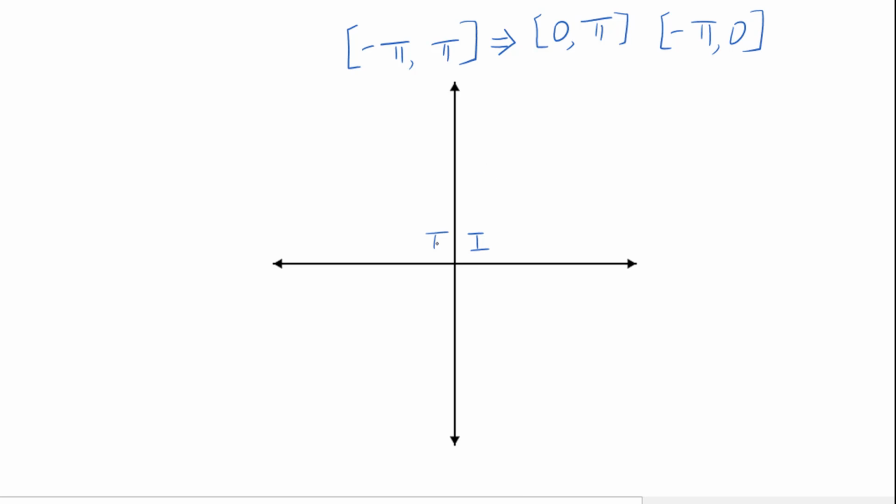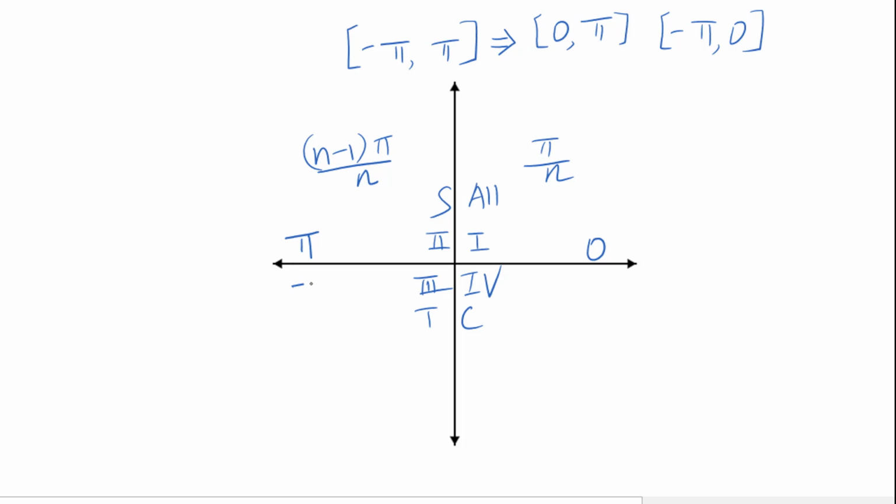We will draw 1, 2, 3, 4. All Students Take Calculus. And here this is 0. This will be pi. So we have pi over n. This is n minus 1 pi over n.